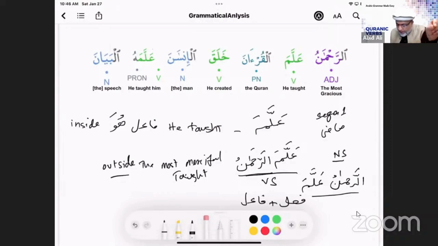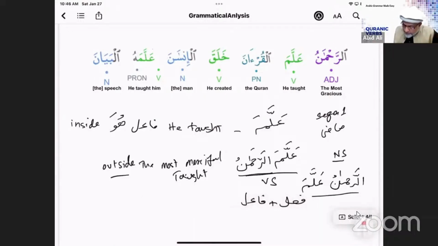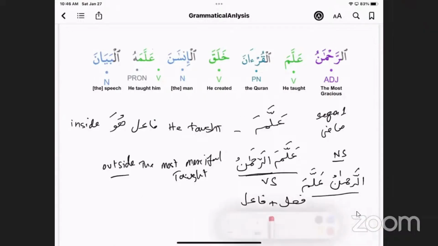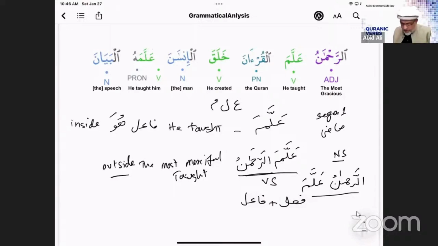Okay. So Allama by itself is the first siga of Madi, Bab Taf'eel. And what are the root letters? Ain, Lam, Mim. If you put the Ain, Lam, Mim in Fa'ila, it will become Alima.